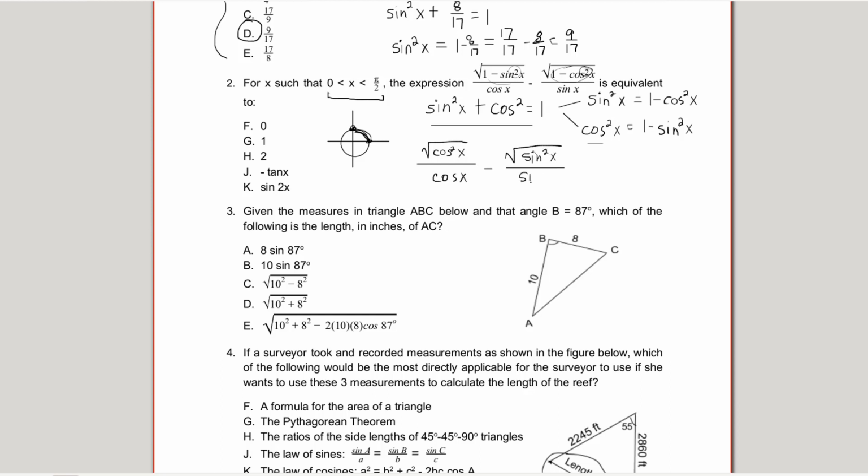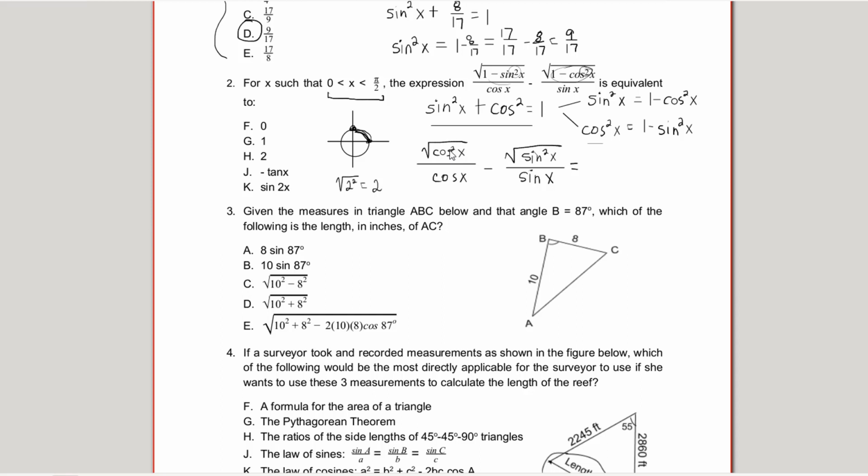divided by sine x. And now we can take the square root of each of these terms in the numerator because it's the same thing as if we had the square root of 2 squared. That's just equal to 2, because under the radical we're looking at what two items we can multiply together that would make a perfect square.